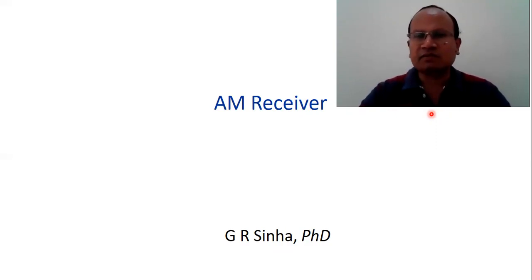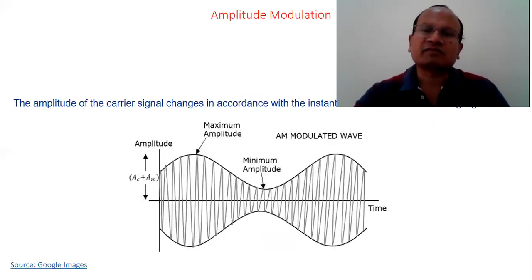So this AM receiver will include all those components which will be used to receive the signal, to select the band, and to recover the original message signal which was transmitted.